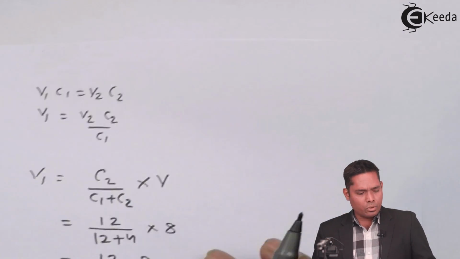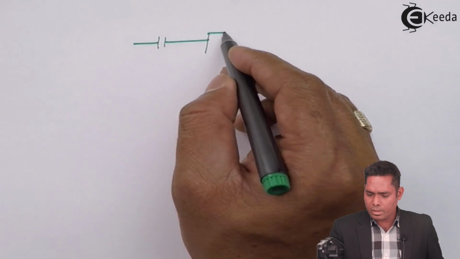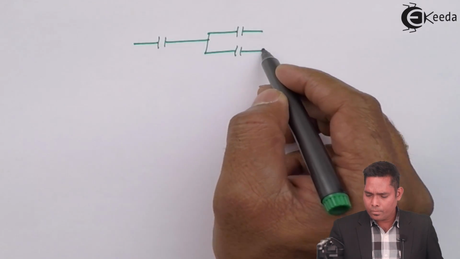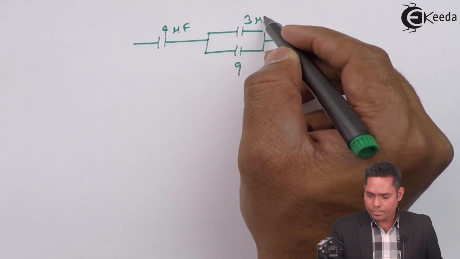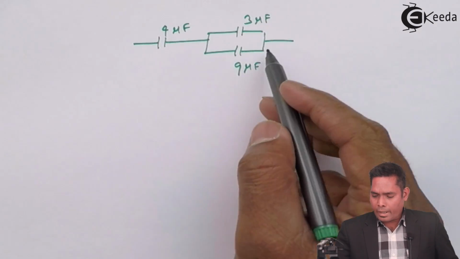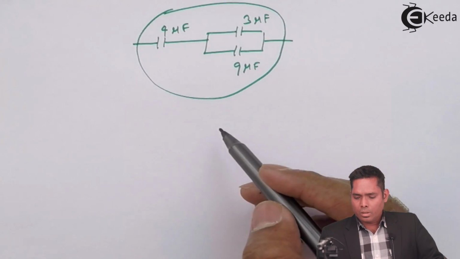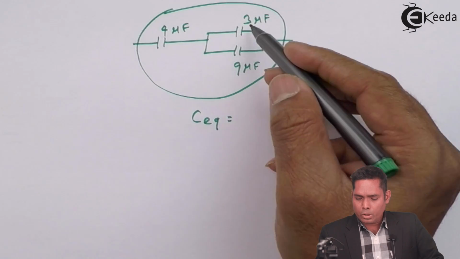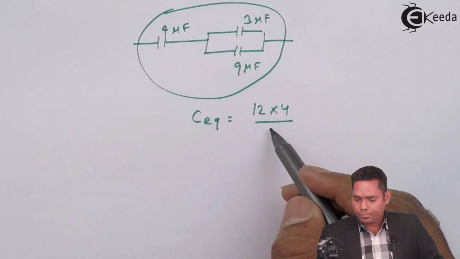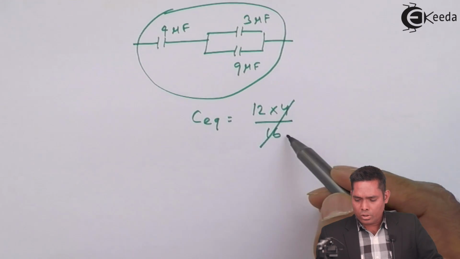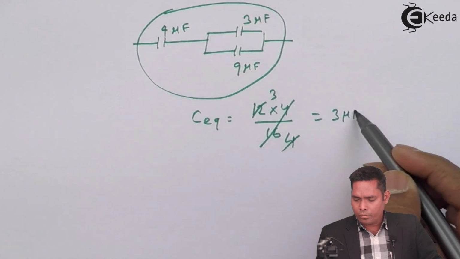Suppose this is 4, this is 3, and 9 is here. We can get the equivalent of this combination, C equivalent, that comes out to be 12 and 4 in series, so it is 12 into 4 by 16. This is 4 and this is 3, this is 3 microfarad.